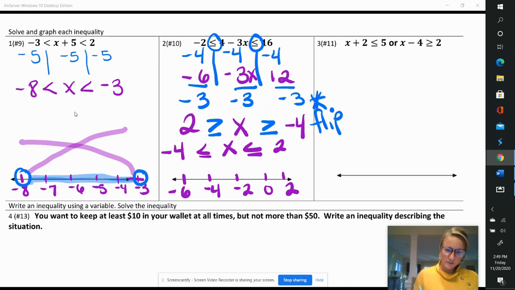Both -4 and 2 are included, so it's going to be a filled in circle. And we want to shade in between because it's an and inequality. So it's all values that are included in the shading. So -4, -3, -2, -1, 0, 1, and 2 are considered as possible solutions to this compound inequality.